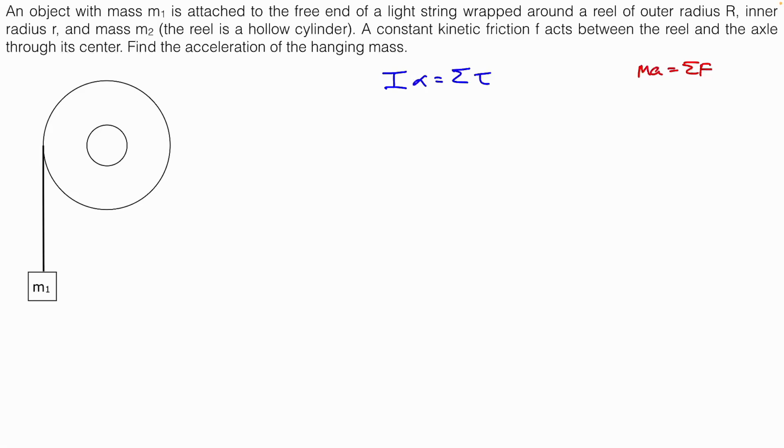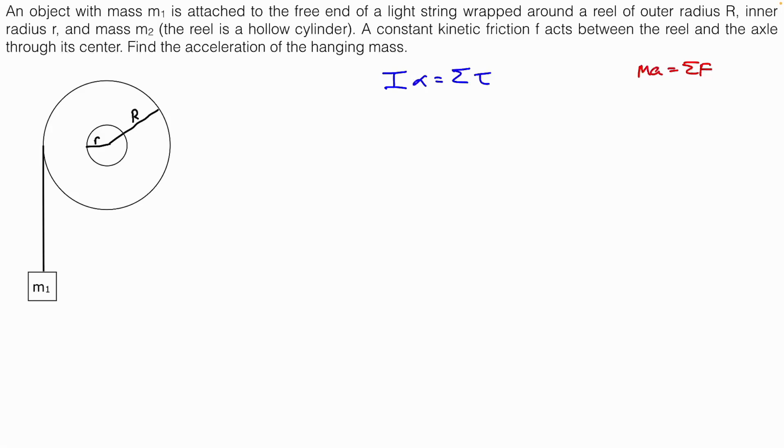Inner radius, oh my gosh. Okay, what the heck? It's wrapped around, oh, so I see. It's got a big radius to the outer part where the string is being wrapped around, but then there's like an axle, something that's got a smaller radius in there, maybe where there's, oh, there is friction.